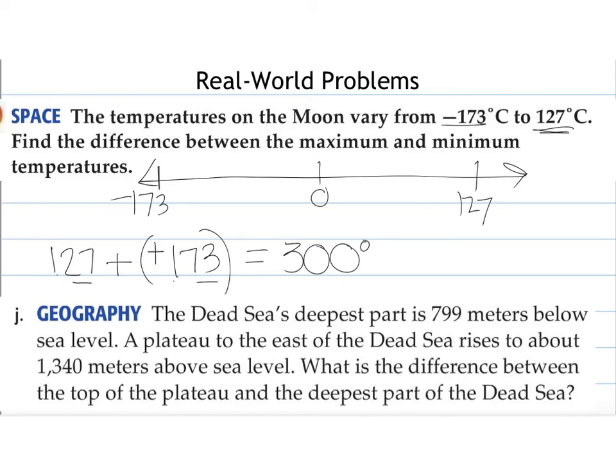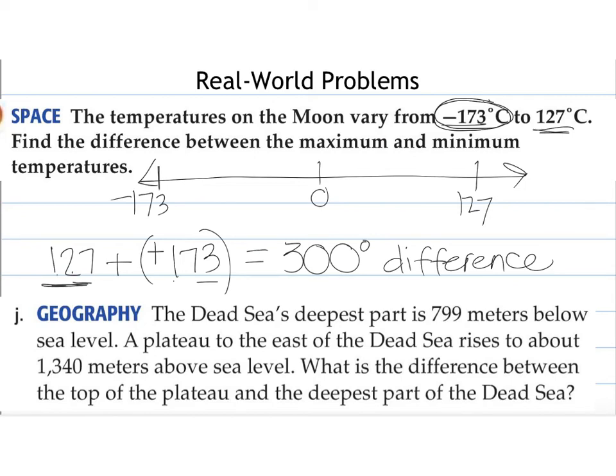Oh, wait, never mind. I was thinking of adding, never mind. So we already have the positive. So 127 plus 173. So this is a 300-degree difference, which is crazy. That's a huge difference in temperature.